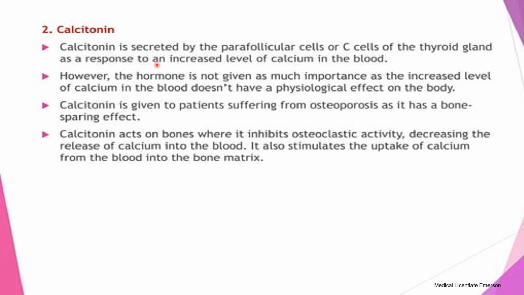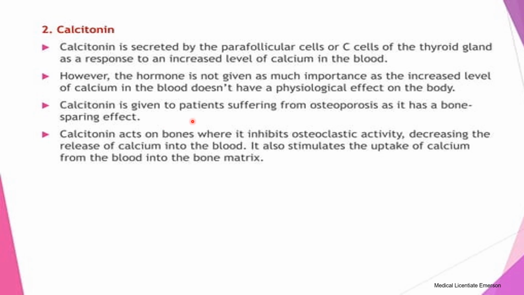Okay, then what about calcitonin? Calcitonin is secreted by the parafollicular cells or C cells of the thyroid gland as a response to increased levels of calcium in the blood. However, the hormone is not given as much importance as increased levels of calcium in the blood doesn't have a significant physiological effect on the body.